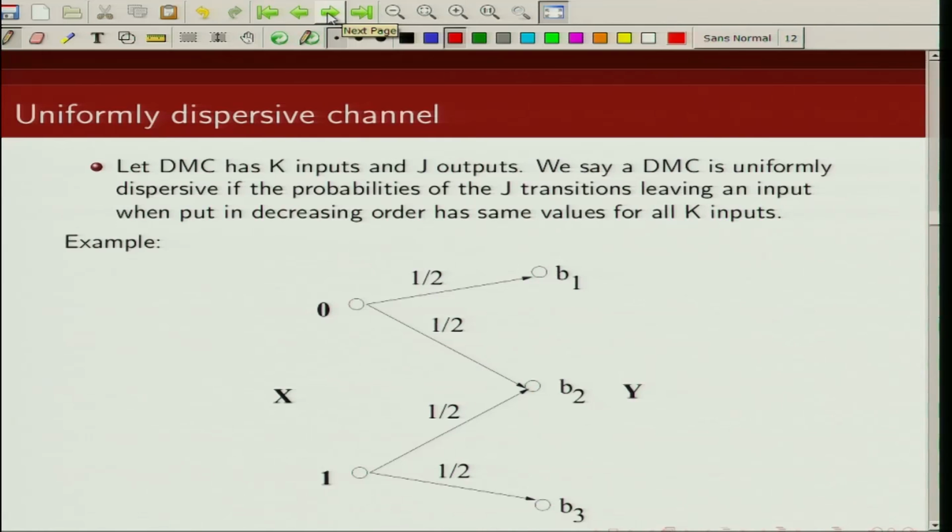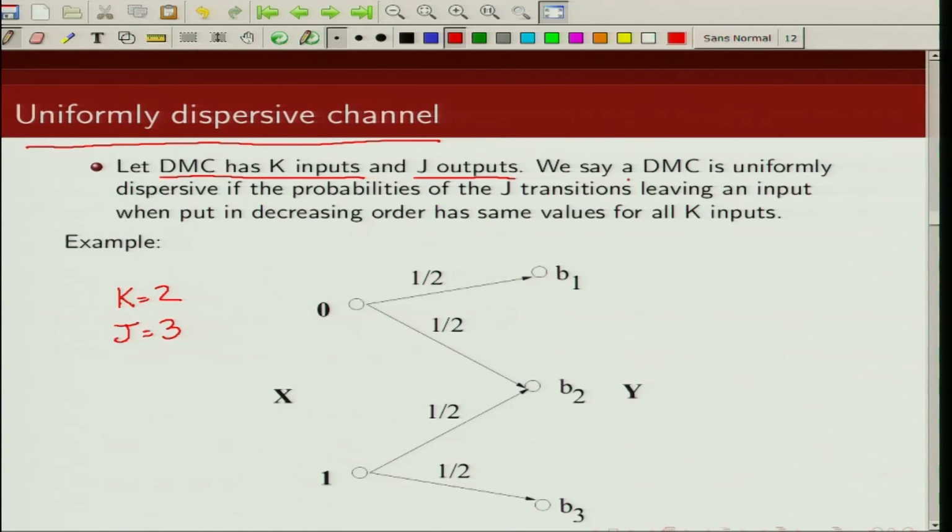Now, let us consider some very simple channels. The first channel that we will consider is what is known as the uniformly dispersive channel. We are considering a discrete memoryless channel which has k inputs and j outputs. For example, in this particular case, k is equal to 2 and j is equal to 3.